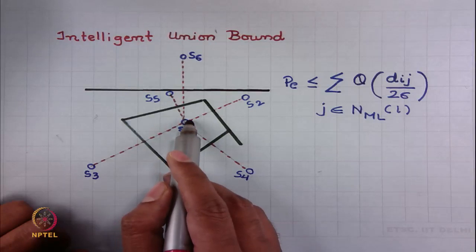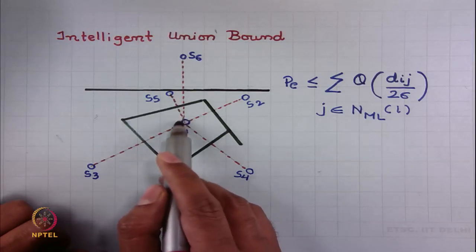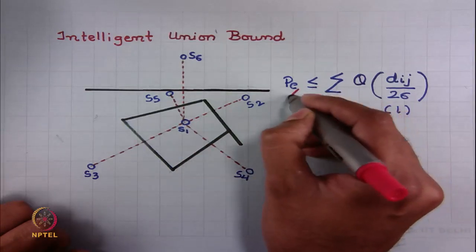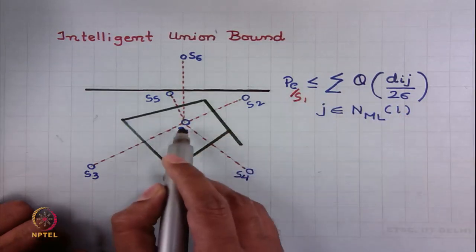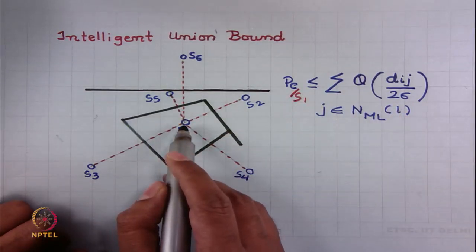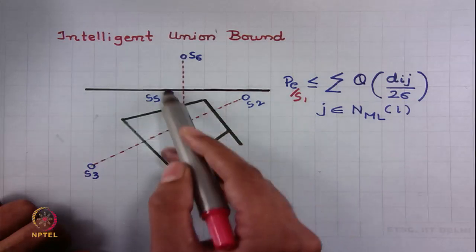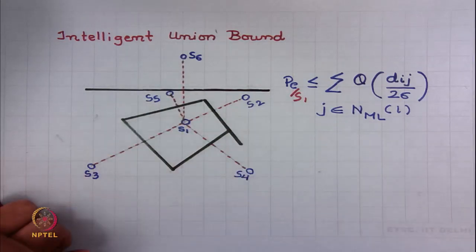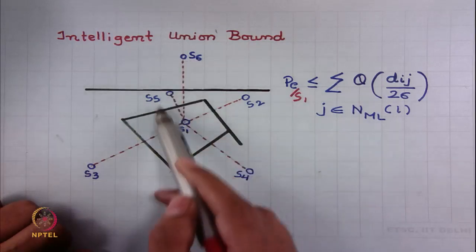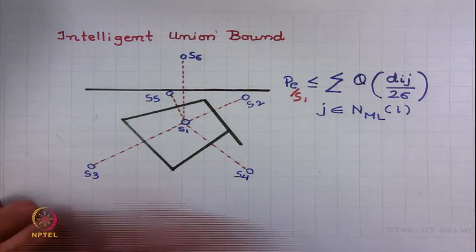For example, if we are considering a signal S1, so we are assuming that signal S1 is transmitted and we want to calculate the probability of error in that case, then you should only consider as contributions to the error the signals which are influencing the decision region for the signal S1.